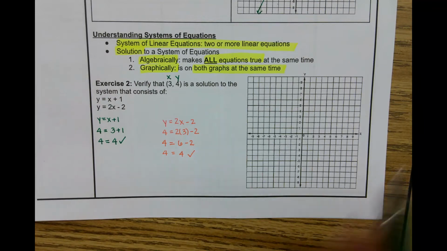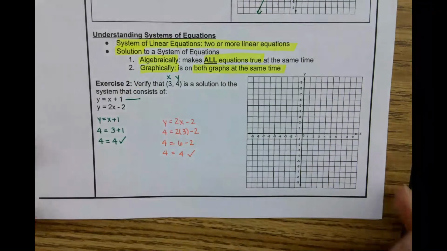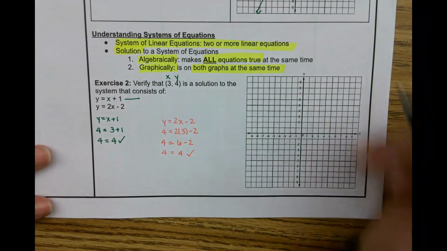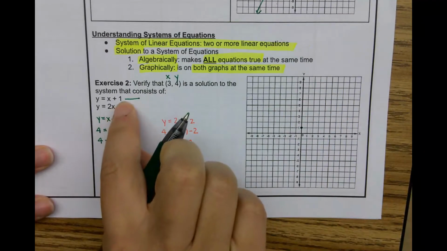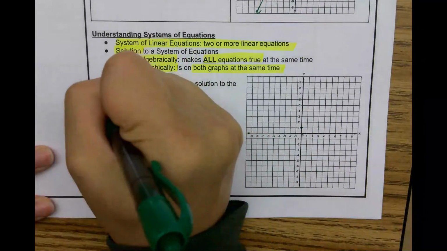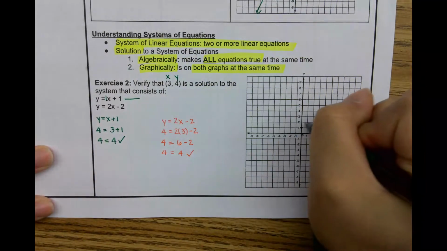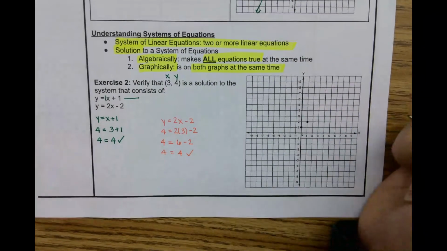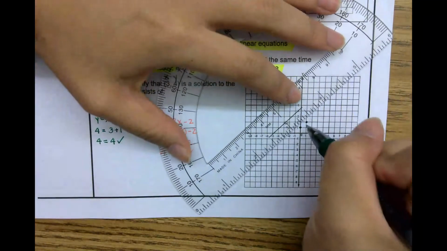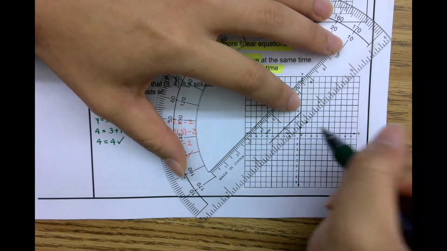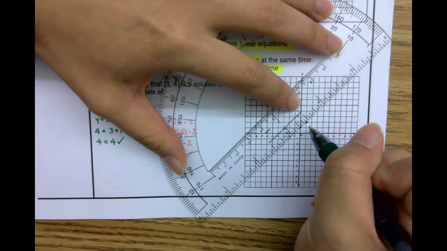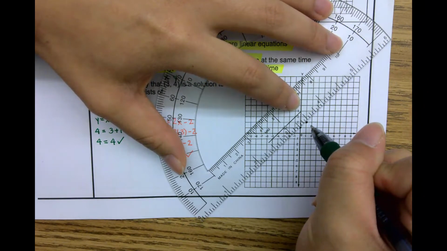Now I'm going to graph it. I'm going to graph this one in green. Starting with my y-intercept at 1, my slope here is also 1, so I'm going to go up 1 over 1. This is why it's important to accurately graph, that you should be going up 1, right 1 throughout your whole graph.